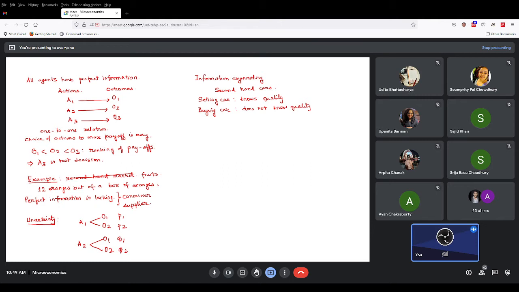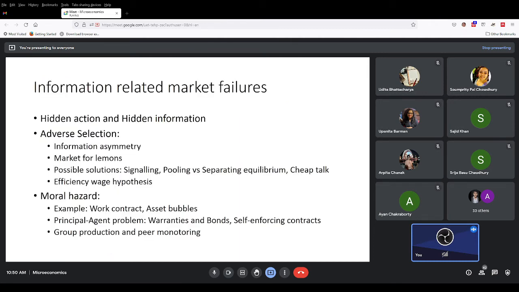And in that case, you will be a bit reluctant to enter the market. So we can have different types of situations like this: before the contract, after the contract, and you have possible solutions, but each of the solutions will have some costs associated with them.